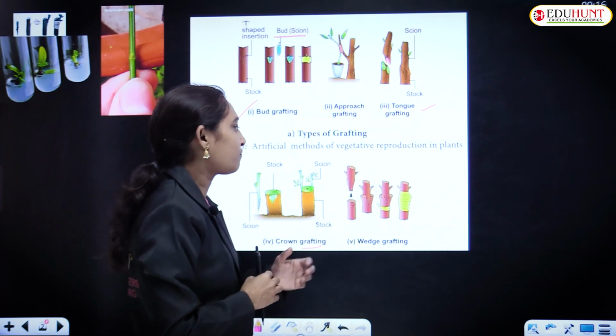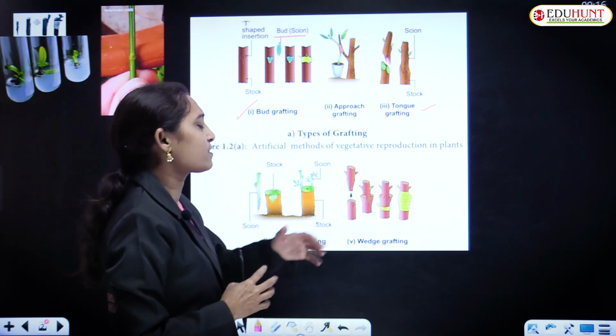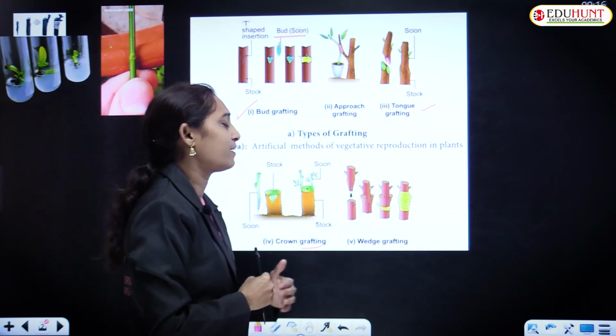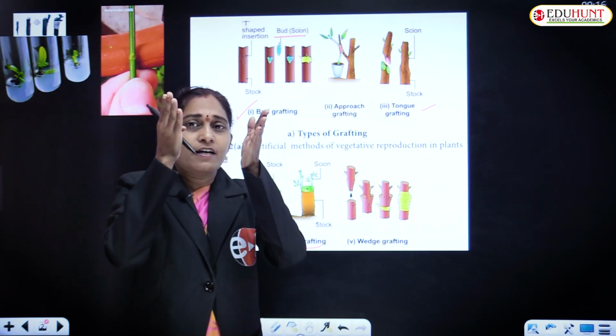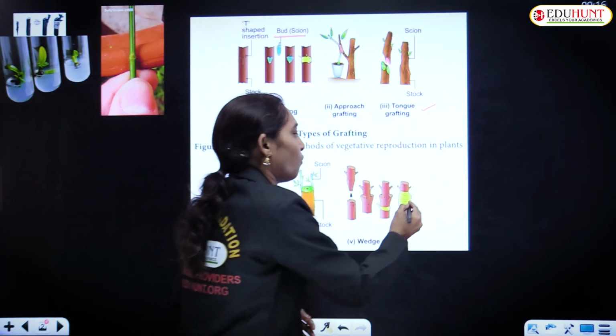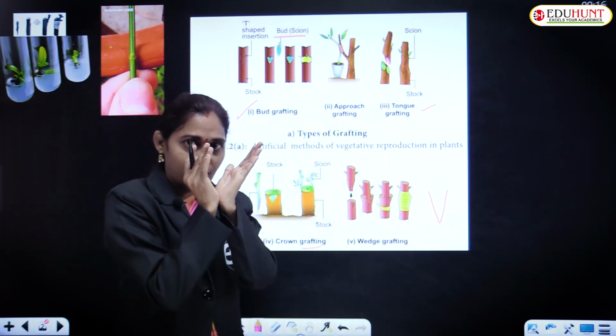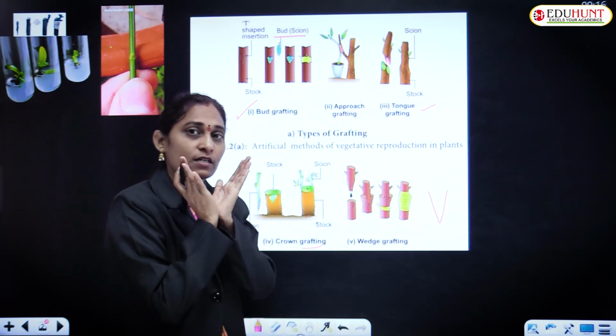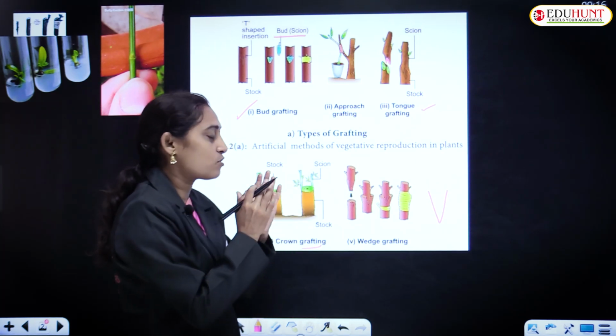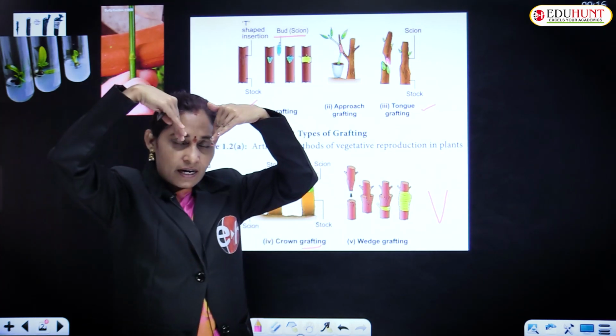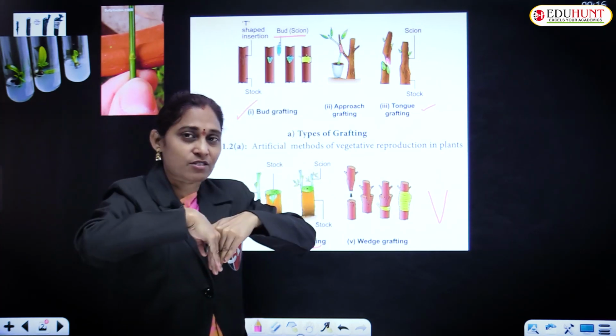And in wedge grafting, see how it is inserted. Only a single scion is inserted. Here, the incision is made like a V, like a wedge, in the stalk, and the scion is also cut and should be placed in the stalk.